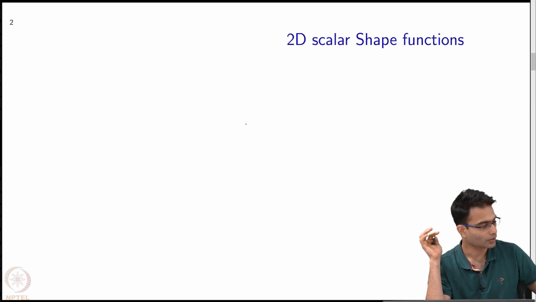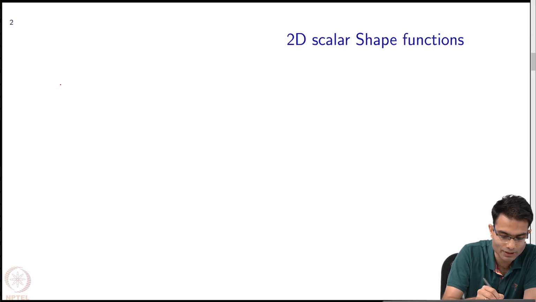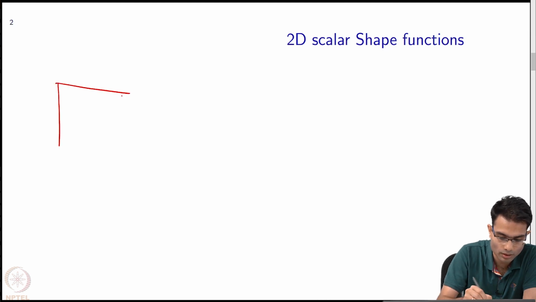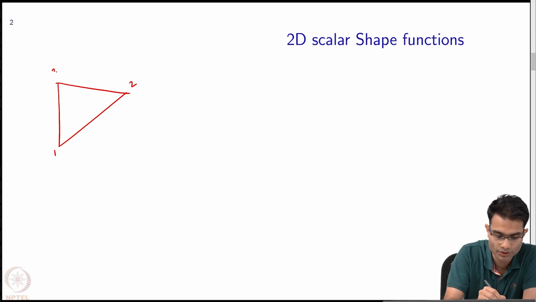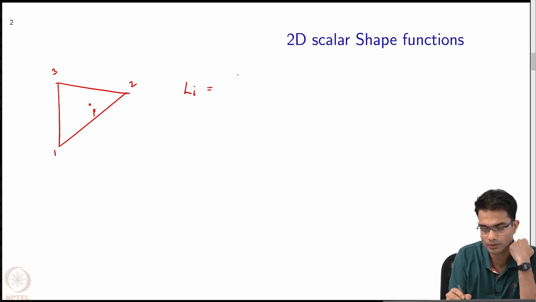What was the kind of scalar shape function that we had? This is just to refresh your memory. If I had nodes 1, 2, 3 and some point P in between, I had defined Li as what?